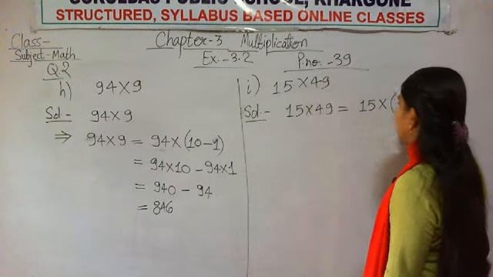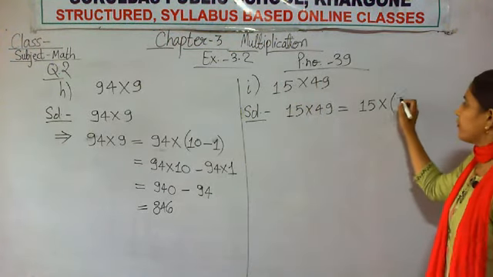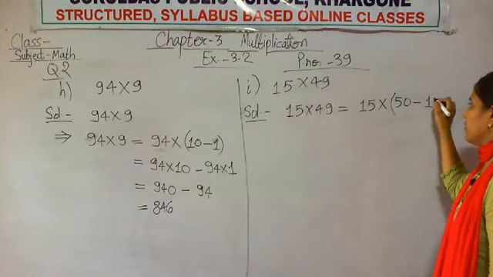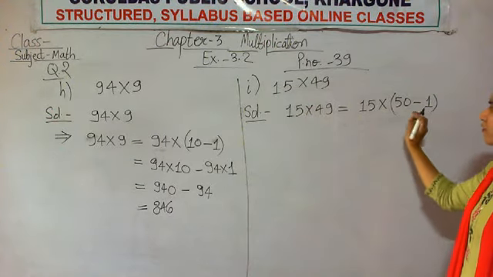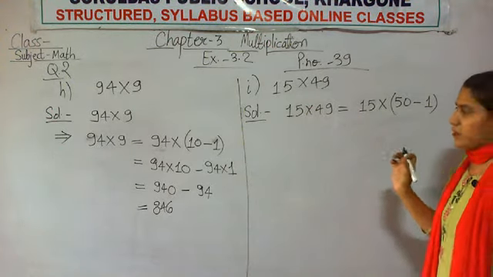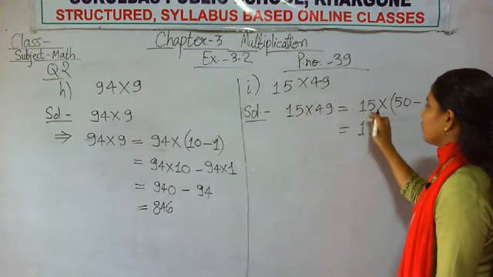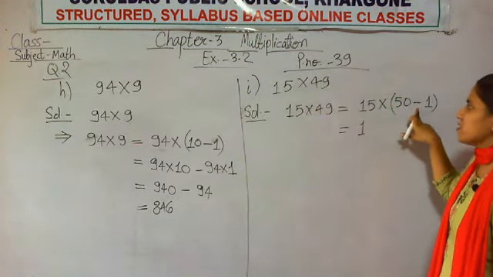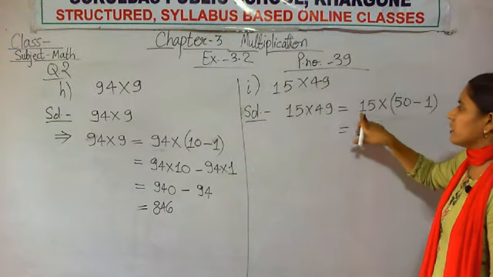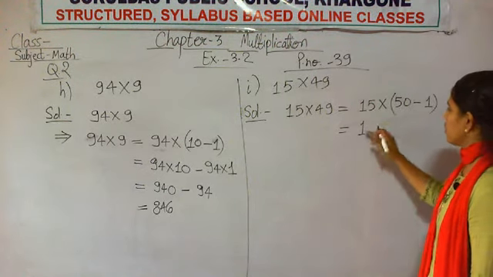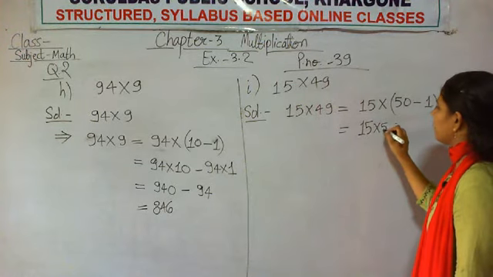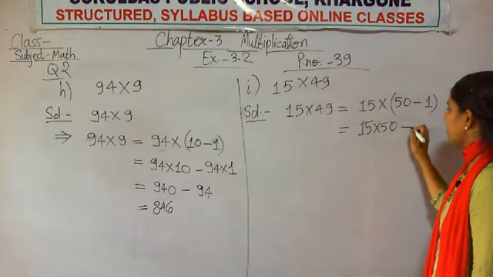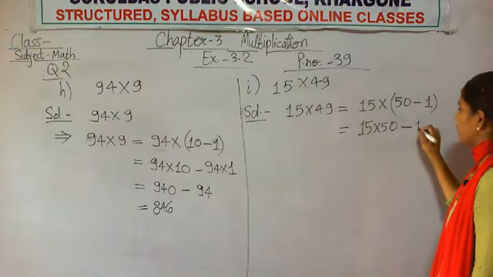So 15 multiplied by 50 minus 1. Remember, you have to write 50 minus 1 in a small bracket. Now you will multiply 15 with 50 first, then put a minus sign, then multiply 15 with 1.